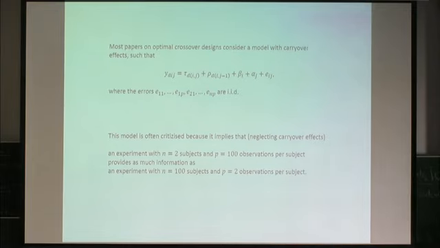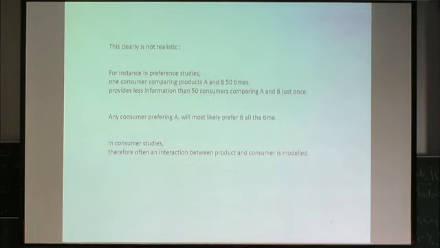If you neglect carryover effects for the moment, then you'll see that if you have in this model two subjects and 100 periods, you get exactly the same information matrix as if you have 100 subjects and two periods, two observations per subject. And that's clearly not realistic.